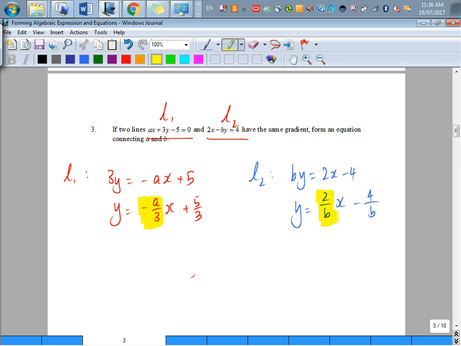So since the question told you they have the same gradient, I can conclude that negative a over 3 is equals to 2 over b. What does the question want? Form an equation connecting them. Okay, now I have it ready. Negative a over 3 equals to 2 over b. If you want to simplify it, we can make ab the subject. Ab equals to negative 6. Okay?